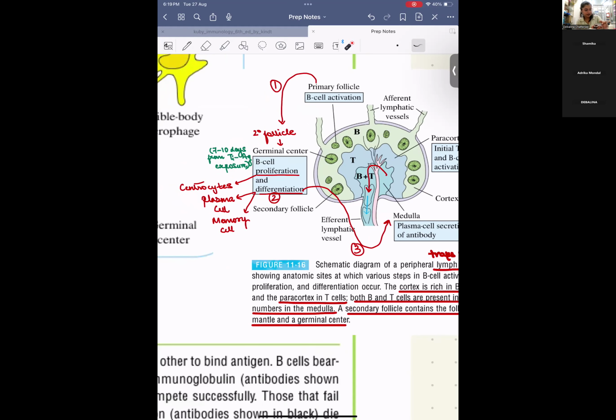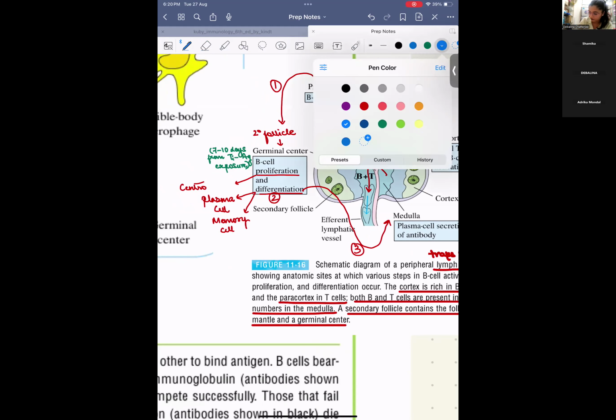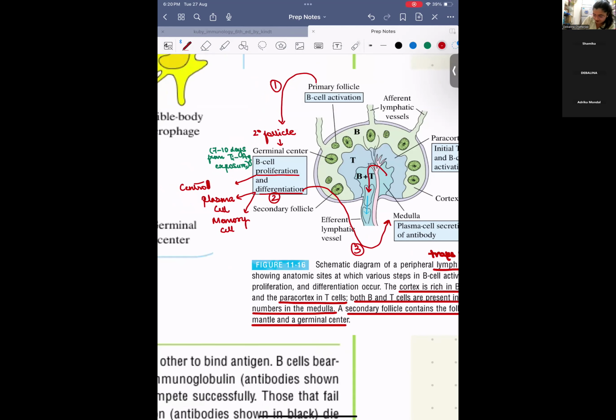These proliferating B cells are called centroblasts. A blast is essentially something that divides.